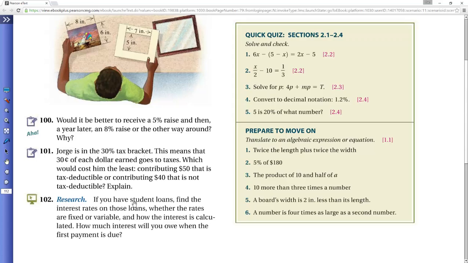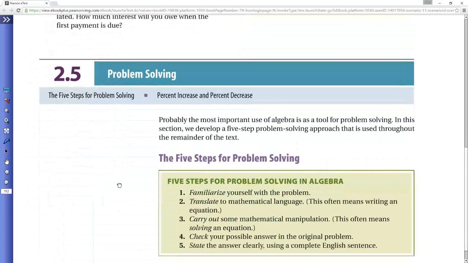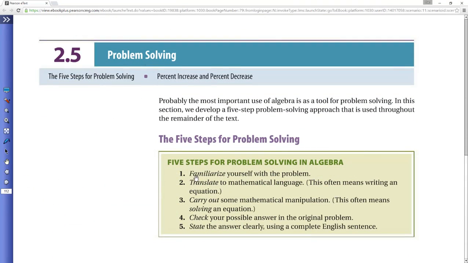You had to memorize a lot of stuff. This problem solving is applying these algebra principles to word problems. So the translation, these are good things to think about.